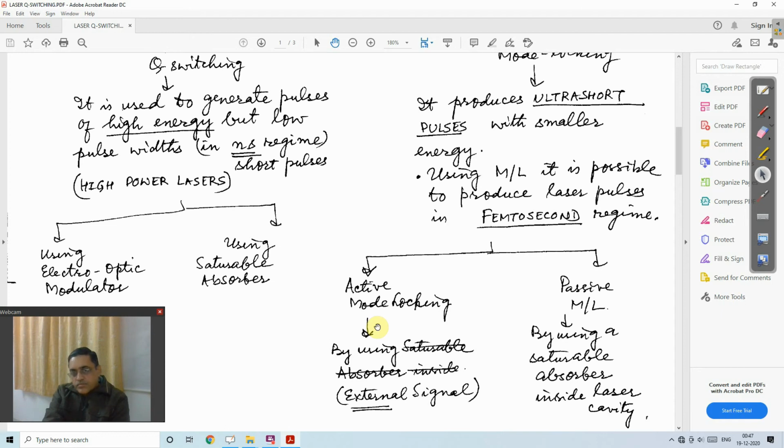Active mode locking is done by using an external signal, and passive mode locking is done by using a saturable absorber inside the laser cavity.